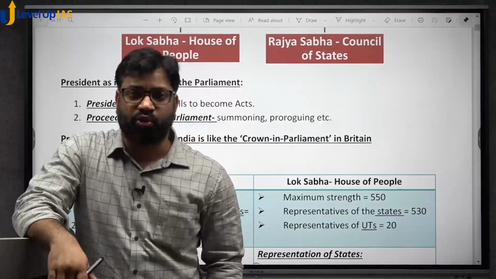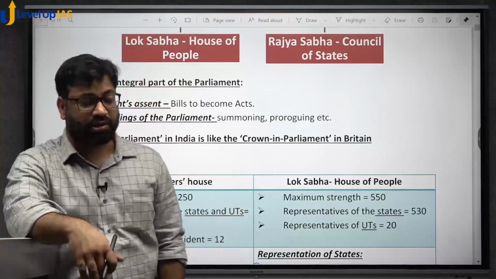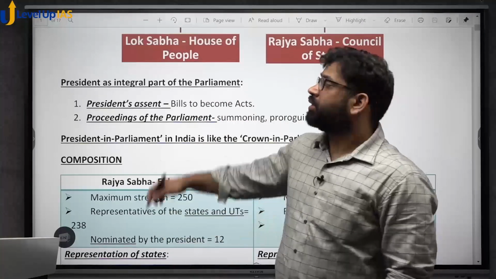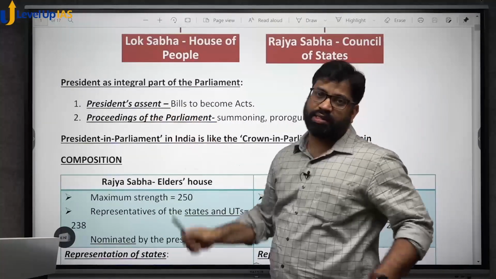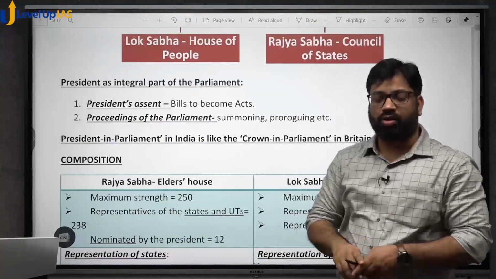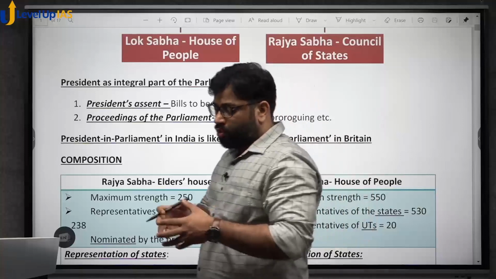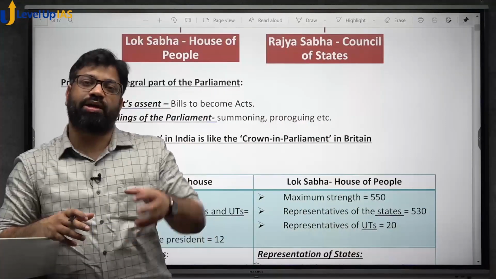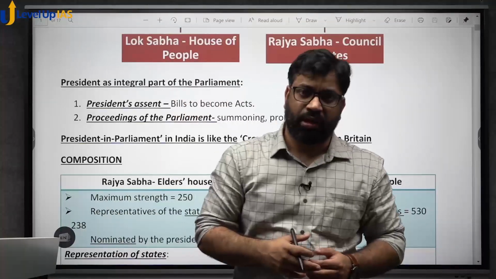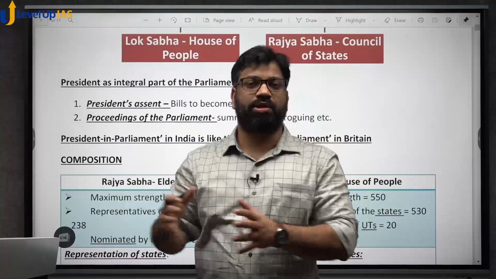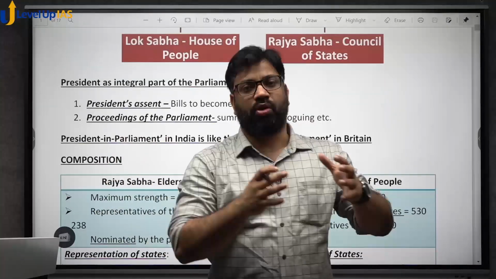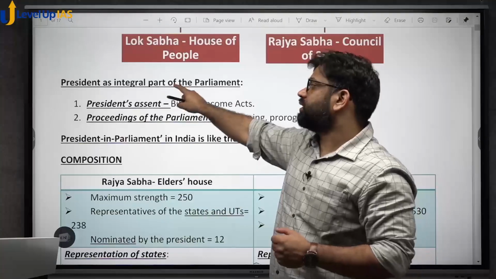None of the bills passed by either house, or both houses rather, will ever become an act unless and until the president provides his assent. That makes him an integral part of parliament, because the root functioning of parliament depends on the assent given by the president. No matter how much they debate, discuss, no matter what kind of laws they enact on their level, those bills will never become law unless and until there is the assent of the president.